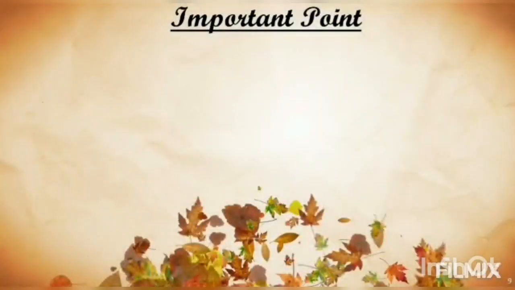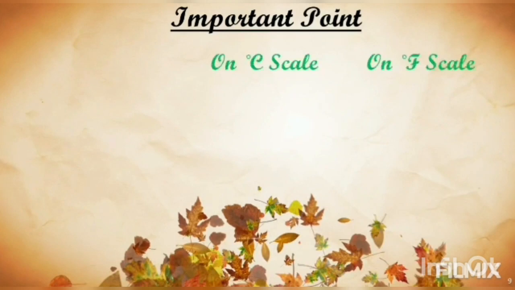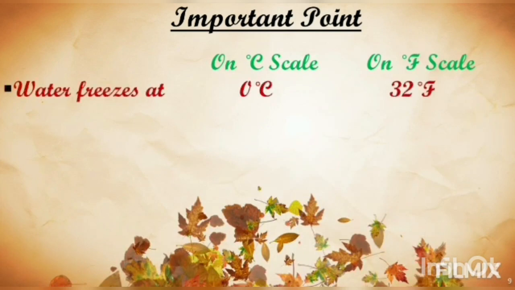Now let's have a look at a few important points. Here we will show you different points on the degree Celsius and degree Fahrenheit scales. For example, the freezing point of water. Water freezes at 0 degrees Celsius or 32 degrees Fahrenheit.